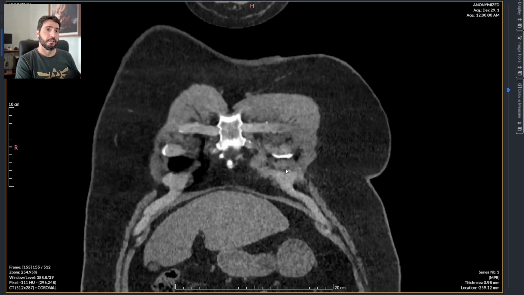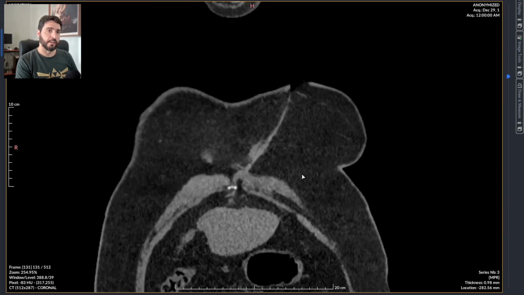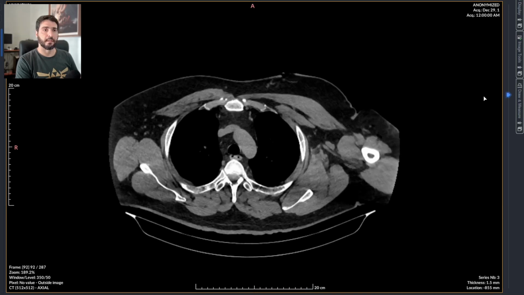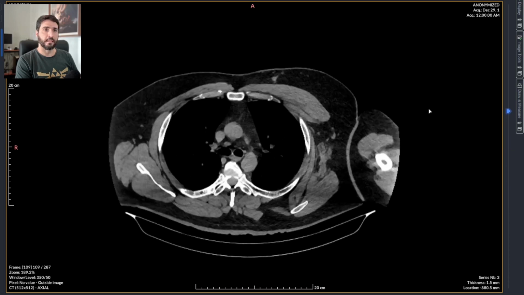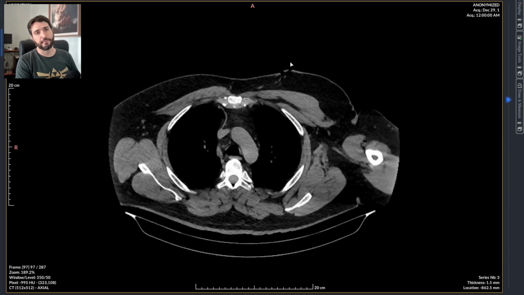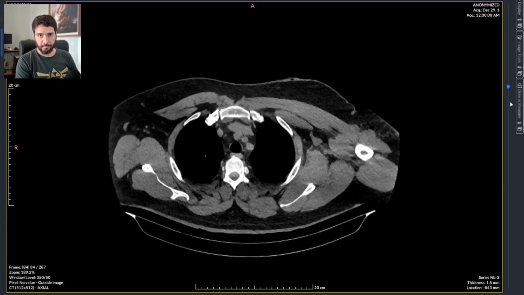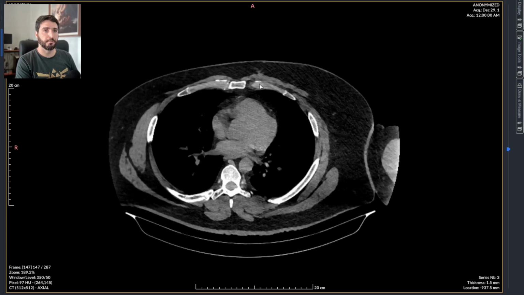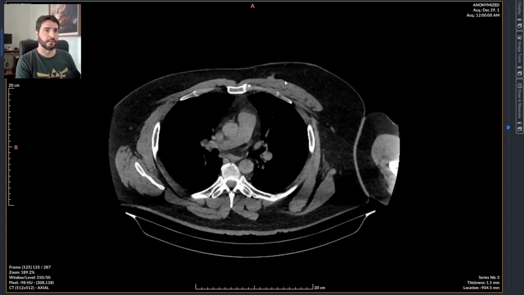So this man was extremely lucky when he suffered this stab, because the laceration was deep, it was oblique and deep, and it went from the left side of his chest downwards and inwards, but it didn't hit anything other than soft tissue, muscle, skin, and subcutaneous tissue.